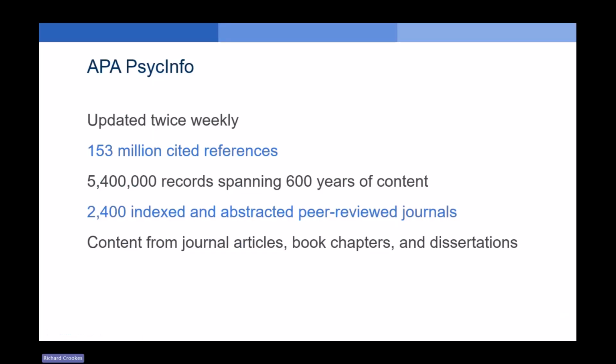It is updated twice weekly, so a very current database indexing the primary literature. You'll have millions of cited references and millions of records, spanning 600 years of content. And importantly, you have almost 2,500 indexed and abstracted peer-reviewed journals accessible through this database on this interface. That includes content from journal articles, book chapters, and dissertations as well.